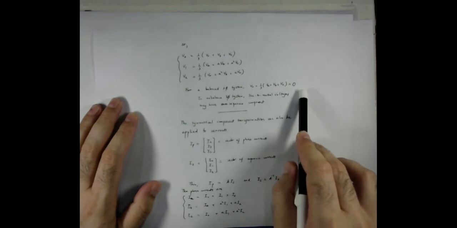So that's why a balanced three-phase system has zero sequence voltage. In an unbalanced three-phase system, line to neutral voltages may have a zero sequence component. But in a balanced system, the zero sequence component is 0.